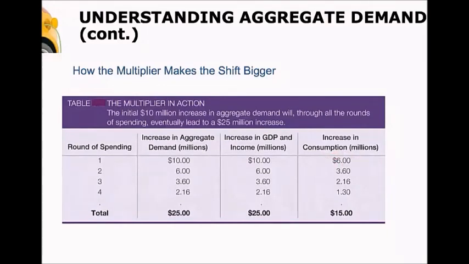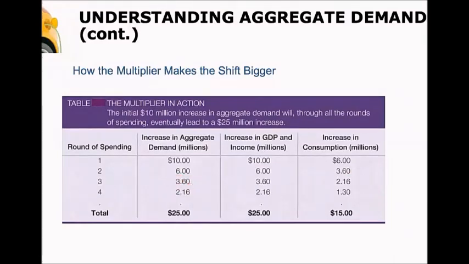Well, we know that consumption is also part of aggregate demand. So now, in a subsequent round, as we go back around the circular flow, aggregate demand goes up by another $6 million, which becomes an increase in income of $6 million, which we now spend 60%, or $3.6 million, on consumption. Now, just as the first round created a second round, the second round creates a third round.